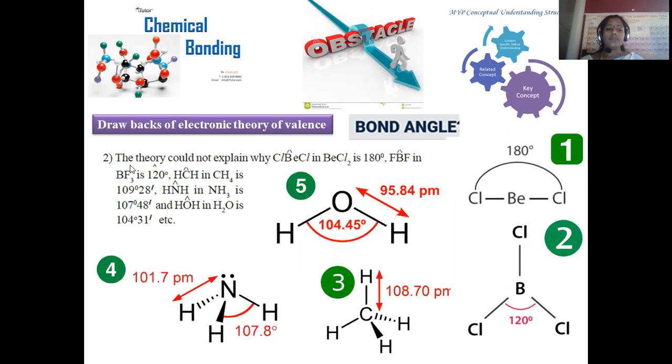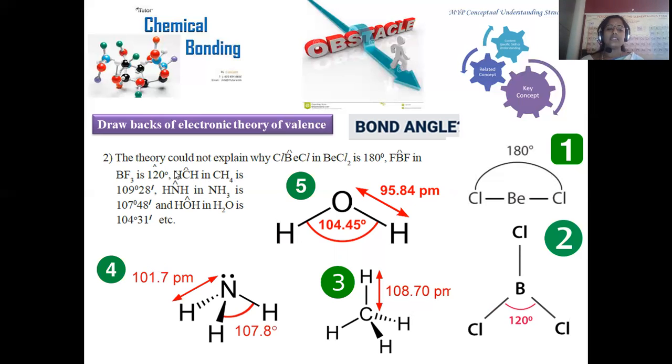Now, another obstacle: the theory could not explain why in beryllium dichloride, BeCl2, the bond angle is 180, and in boron trifluoride, the fluorine-boron-fluorine bond angle is 120 only.